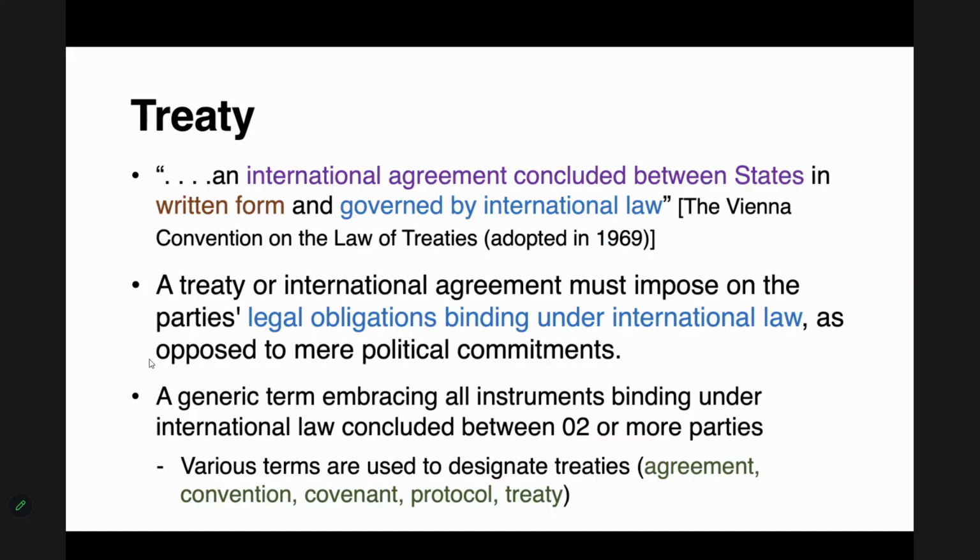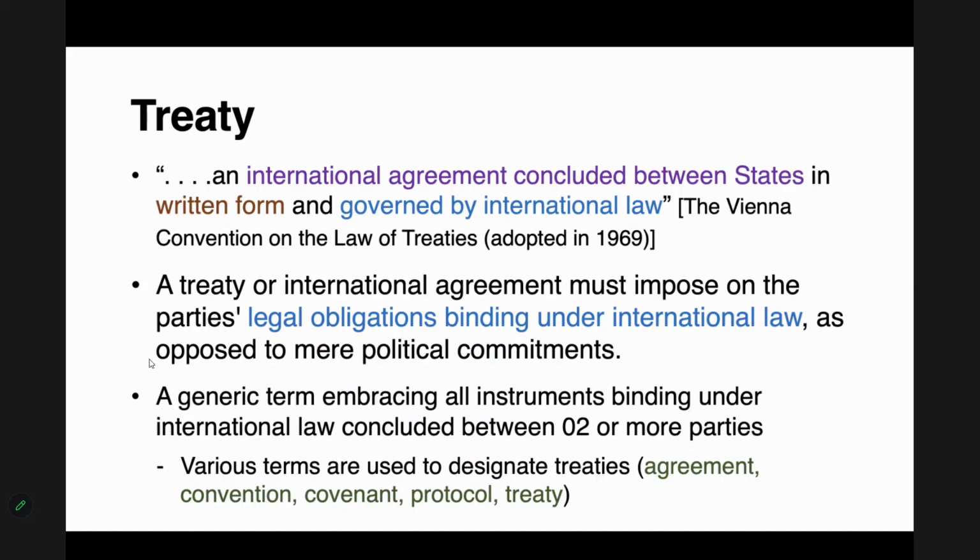So this makes you go beyond mere political law to do certain things. Treaty is a generic term that we use for agreements binding under international law between two or more parties.